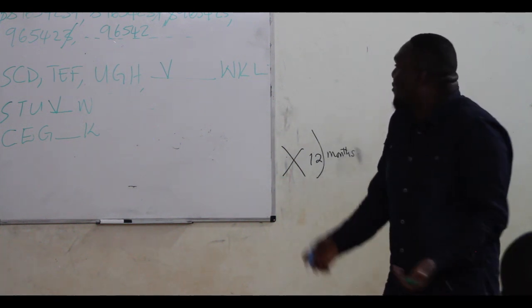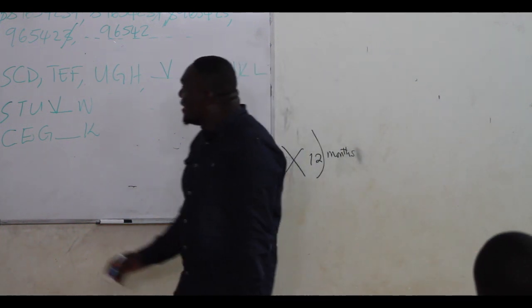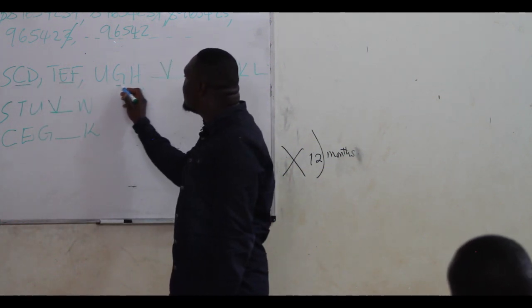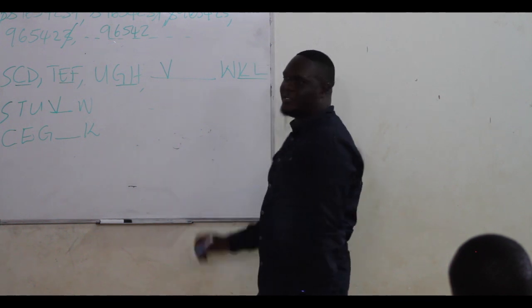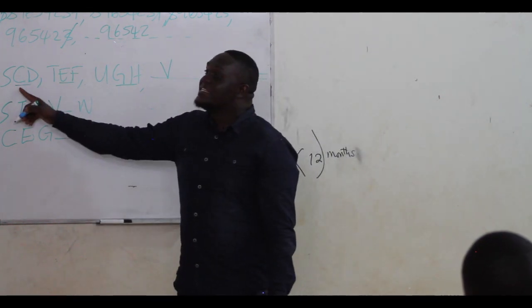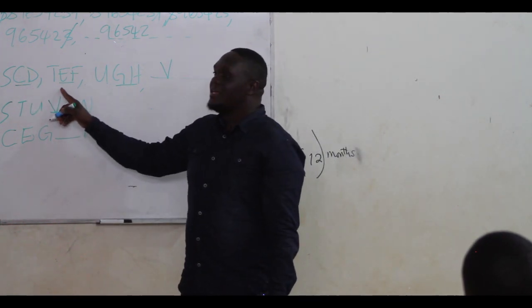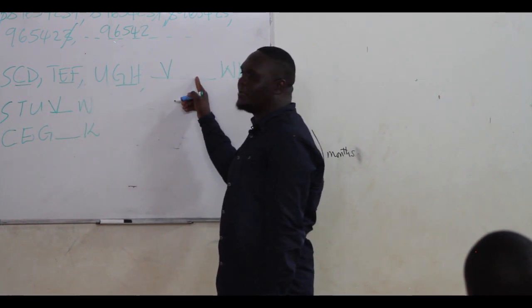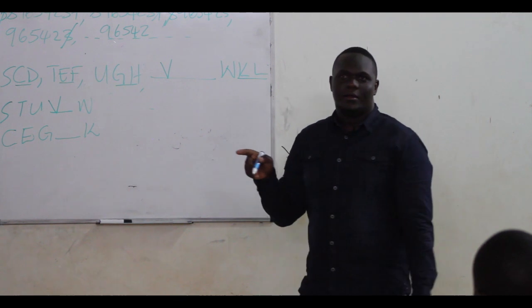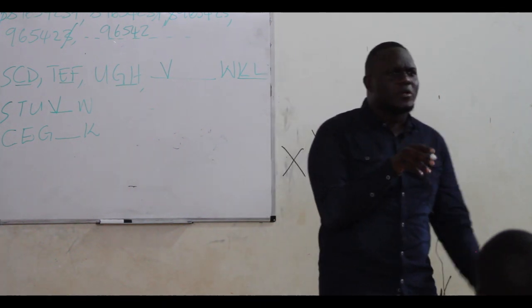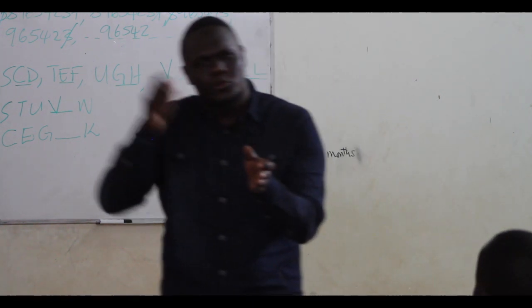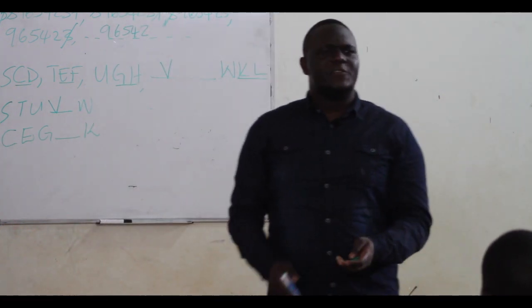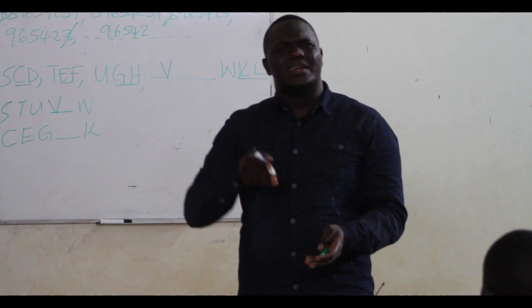Someone can notice there is a relationship between two letters: from C, D, E, F, G, H, I, J, K, L. That's what I was saying: if you cannot get a relationship between the single letters, combine two. At least if it's not skipping, it's going to be a certain pattern.